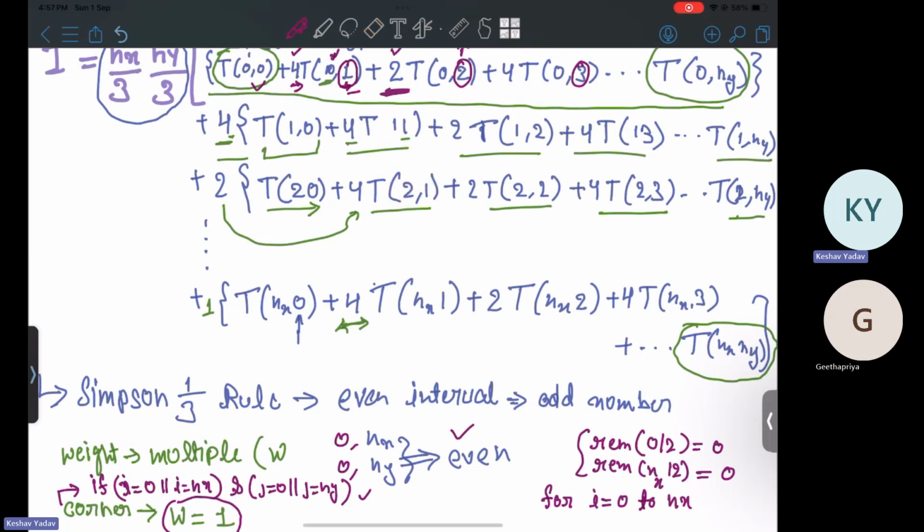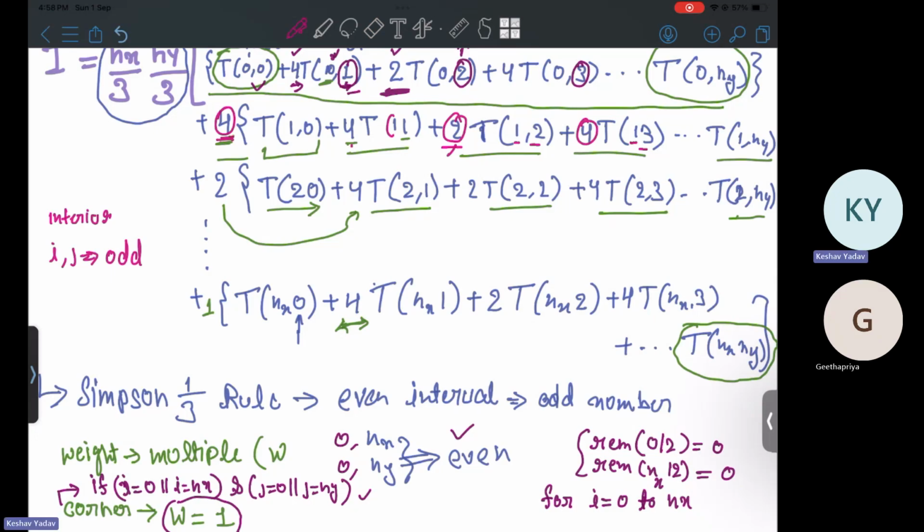If both are odd, it is multiplied by 4 each, no? 4 times 4, 16. One odd, one even, it is multiplied by 2, and here it is 4, so it is multiplied by 8. Here 4, here 2. Similarly, this is one, both are odd. Here 4, here 4. It is multiplied by 16. Means, for interior points, if both i and j are odd, both are odd.